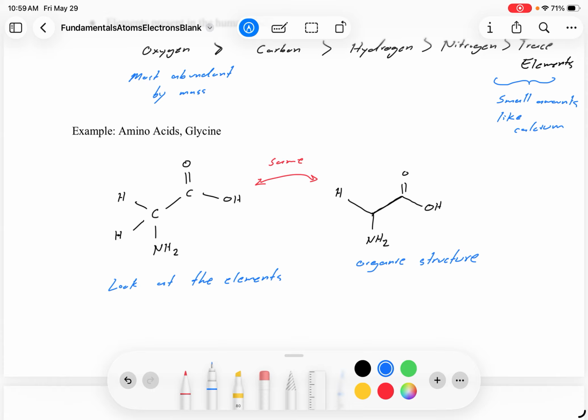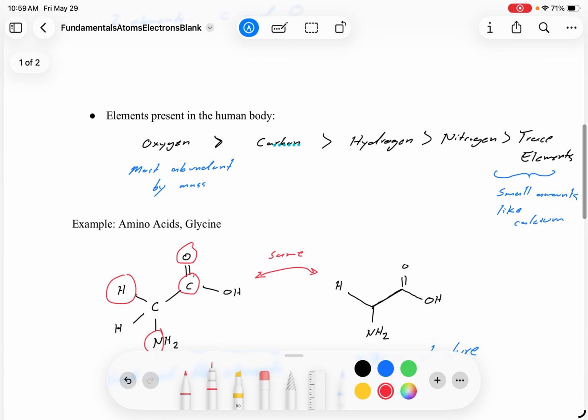And yeah, as we can see, look at the elements. We have carbon, we have oxygen. Well, these are the different types of elements, right? We have carbon, we have oxygen. What else do we have? We have hydrogen, and we have nitrogen. And that's a good example, it all contains the ones we described.